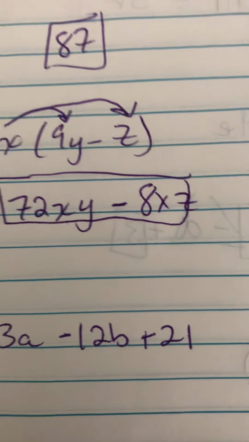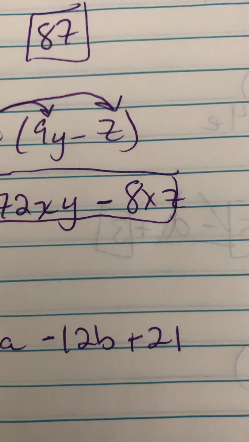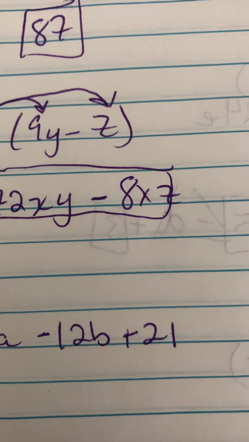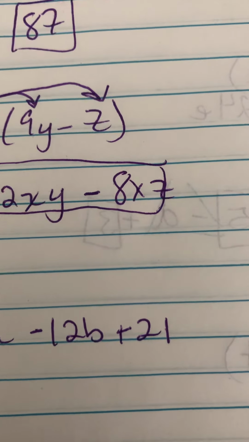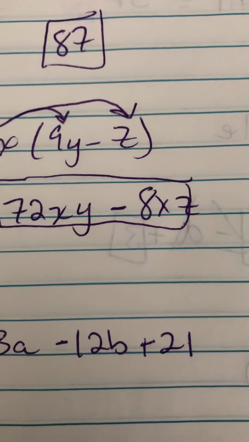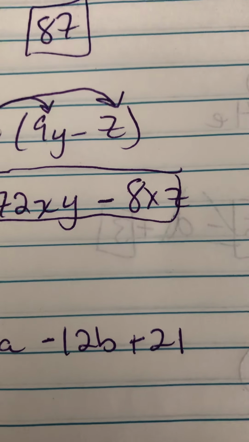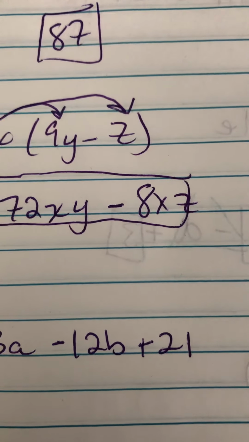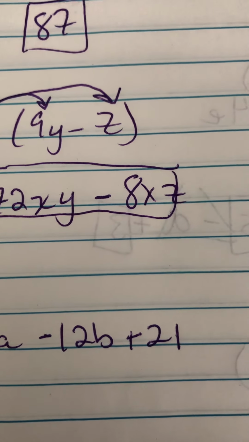Letter C, if we combine the like terms, we have 11 plus 1b is going to be 12b plus, and then the like terms of 5, and then 9 minus 24.